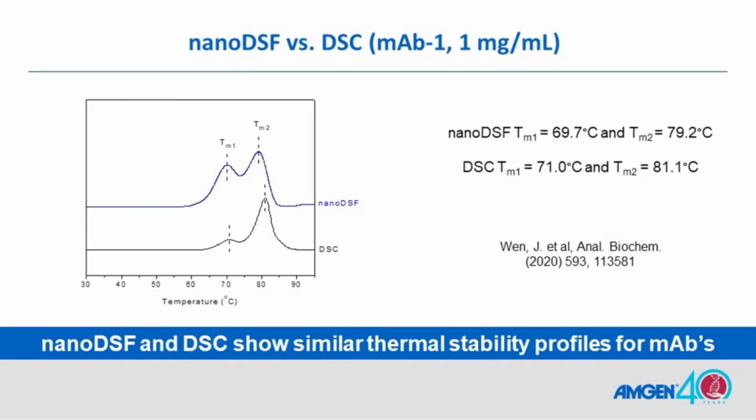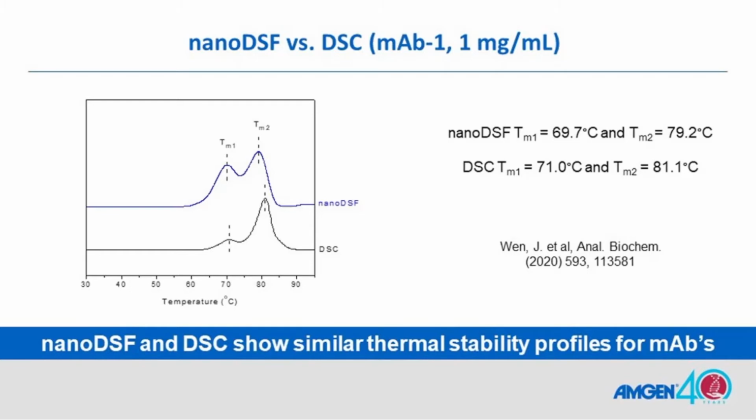Here is the comparison of the nanoDSF and the DSC profile. In this figure, the blue trace is the nanoDSF profile. The black trace is the DSC profile. Here are the nanoDSF and the DSC Tm values.